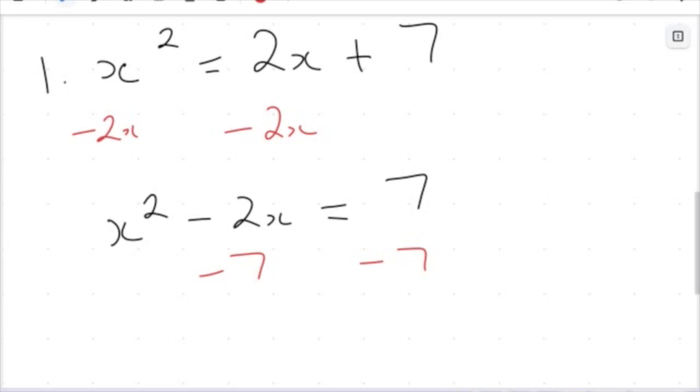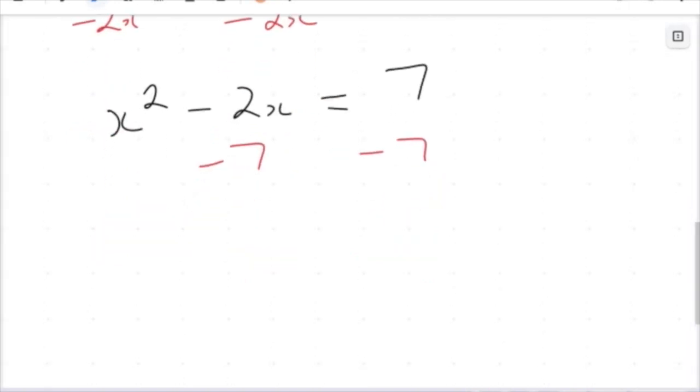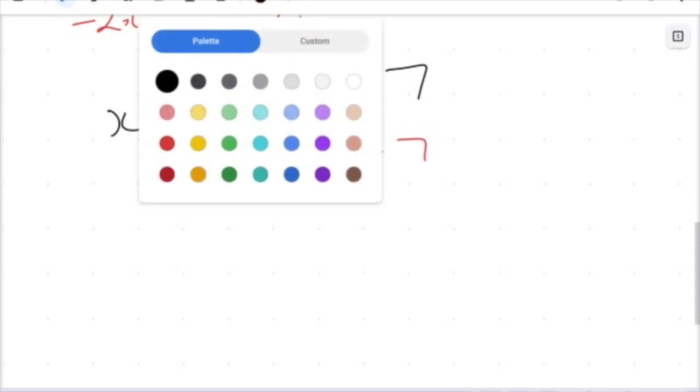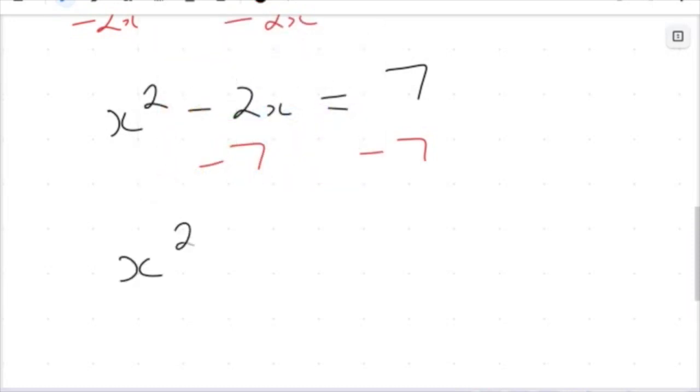To get from 7 to 0, I'm going to minus 7. And now I wind up with x squared minus 2x minus 7 equals 0.